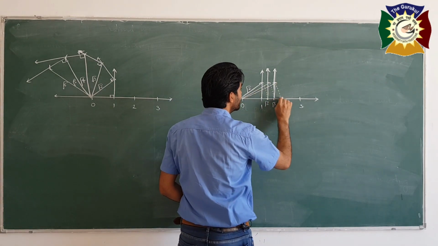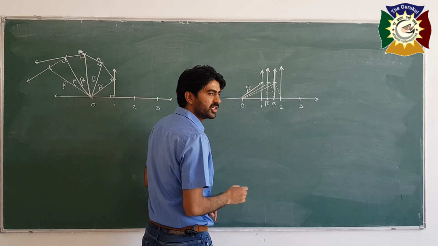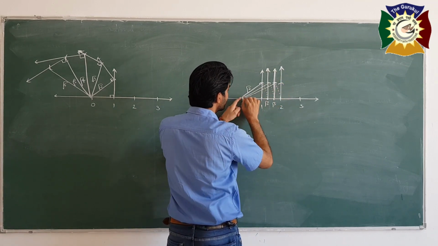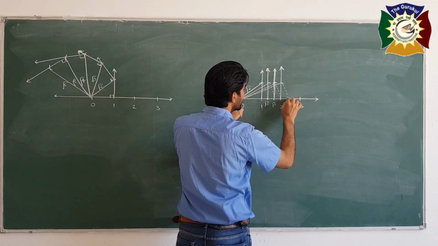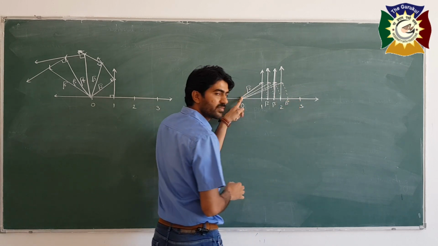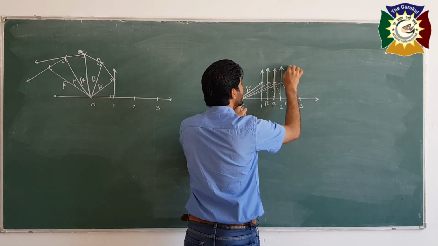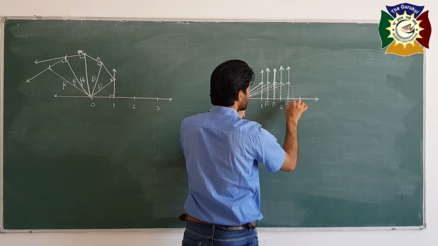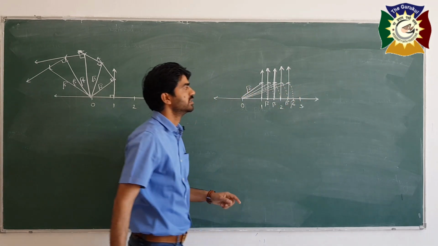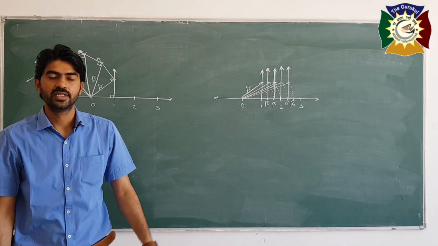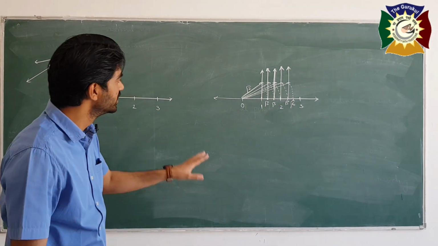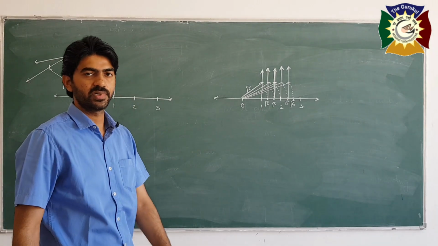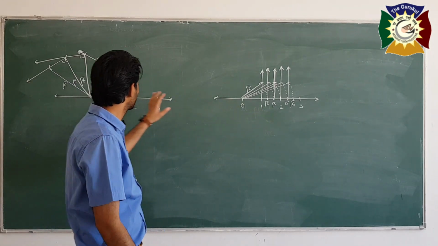Now again I am drawing a perpendicular at this point, cut 1 unit, so this represents root 5. Again perpendicular at this point, cut 1 unit, so this will represent root 6. So this way also you can represent the square root of any integer on the number line. So this method and this method both are the same.